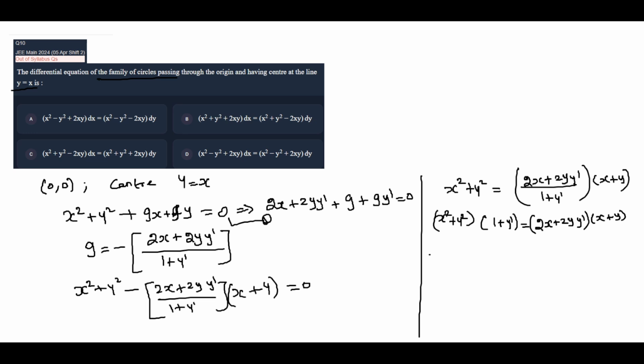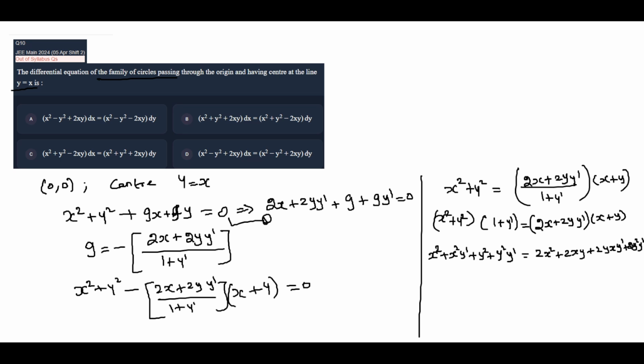Now multiply this: x square plus x square y dash plus y square y dash equals 2x square plus 2xy plus 2xy y dash plus 2y square y dash.